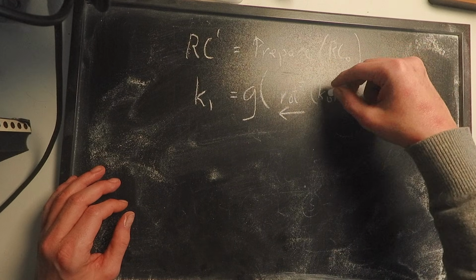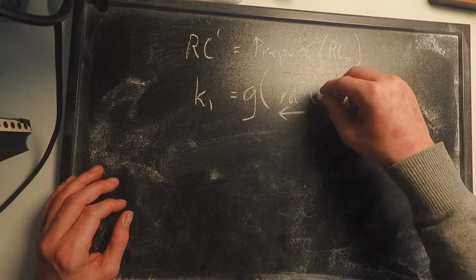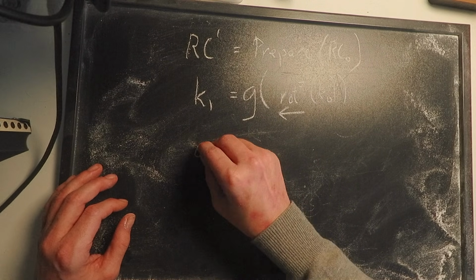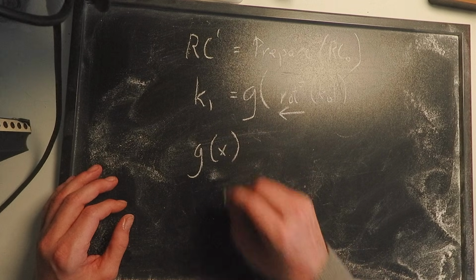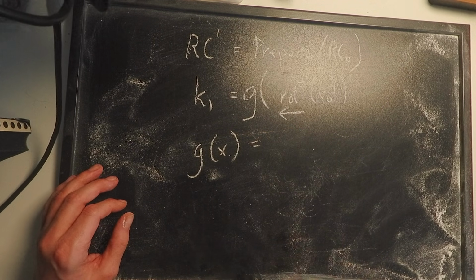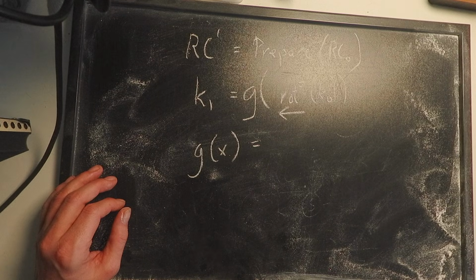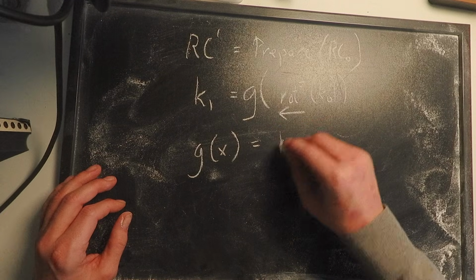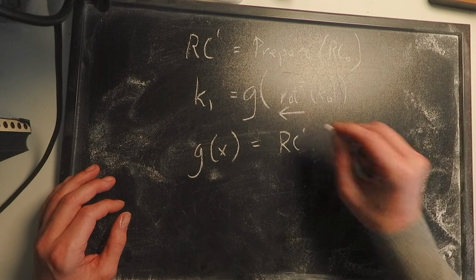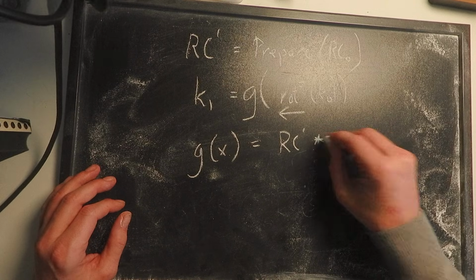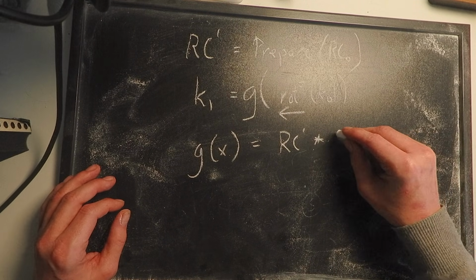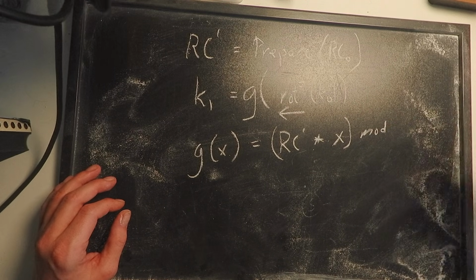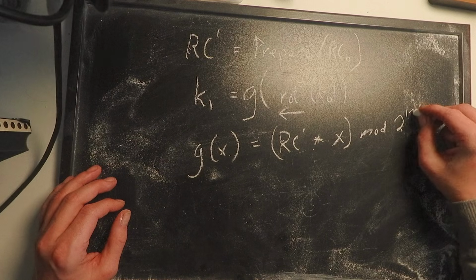So we rotate K0 7-bit positions to the left, and we push it through the G function. And G of X, let's say, is equal to the RC prime times X mod 2 to the 128.